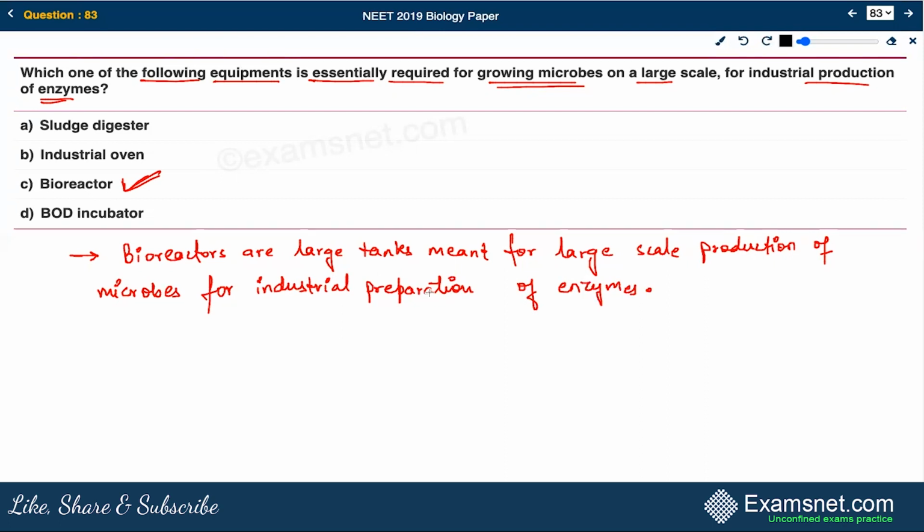All right. Now, here the other options that have been given are the sludge digester.